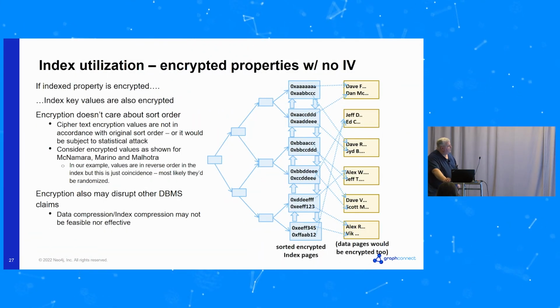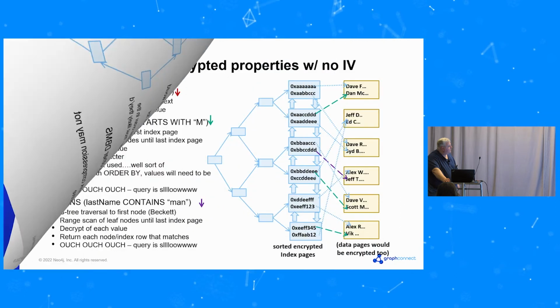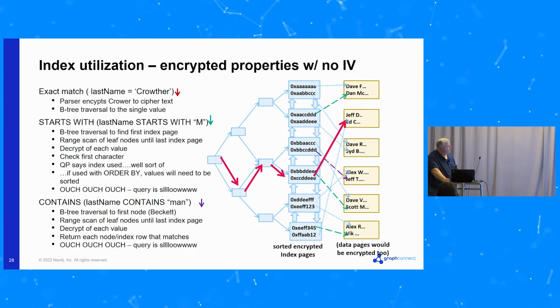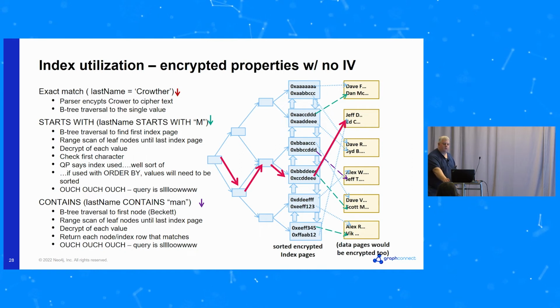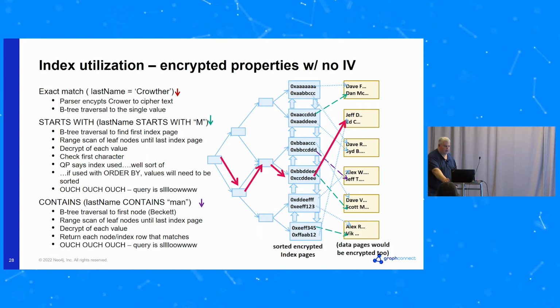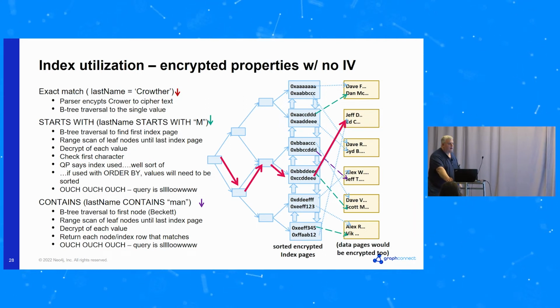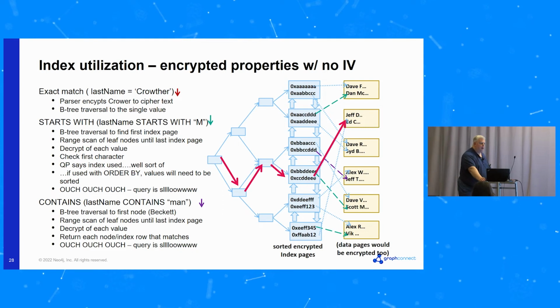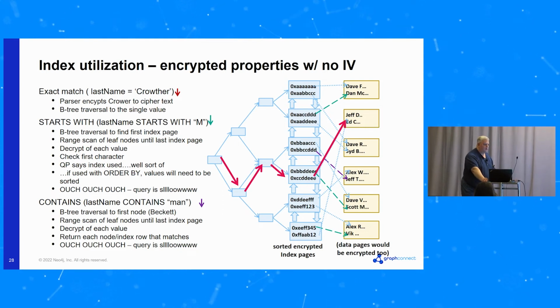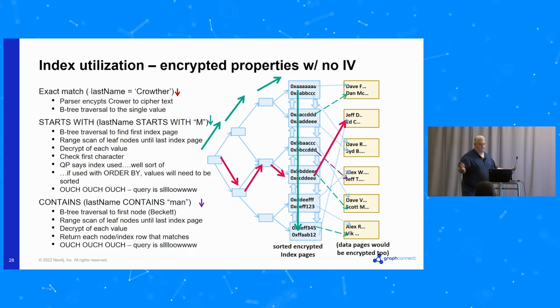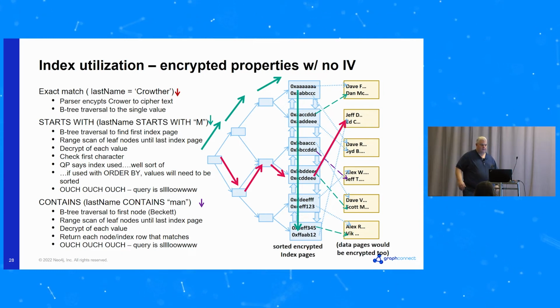Now let's do it encrypted with no initialization vector. So we go find Crowther. Now the index is sorted by the ciphertext, which is not lexicographical order. So Crowther used to be up at the top, now he's way down there, but we can get there because we encrypt the literal to ciphertext. What about begins with M? M just became who knows what in ciphertext.